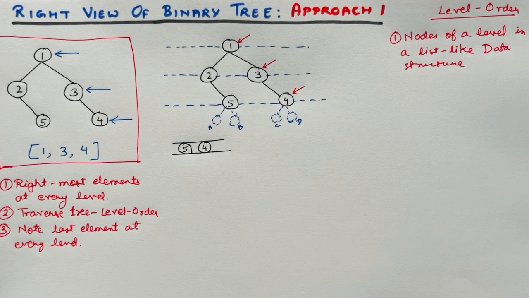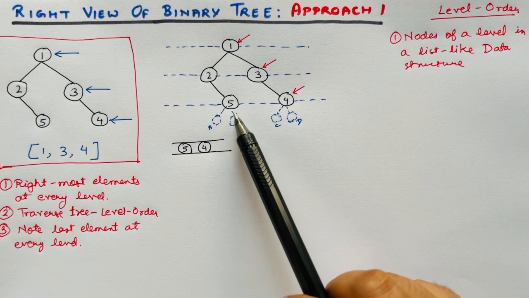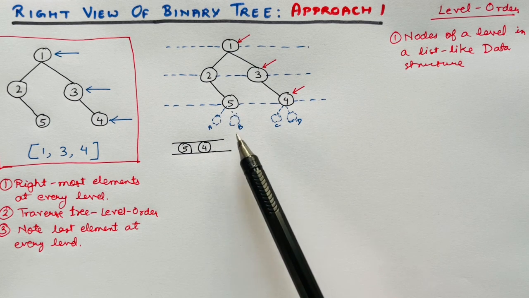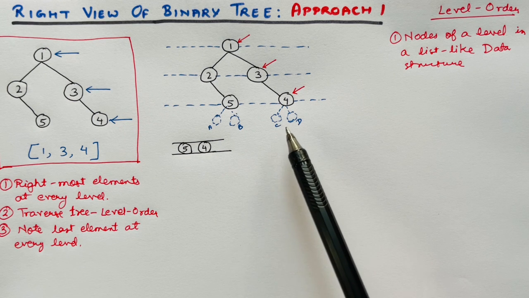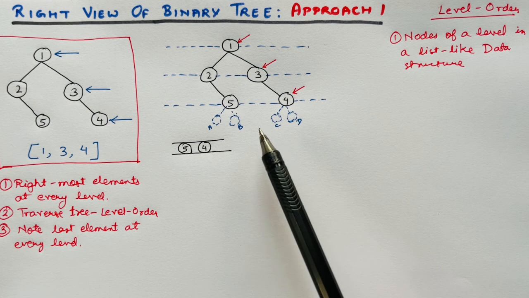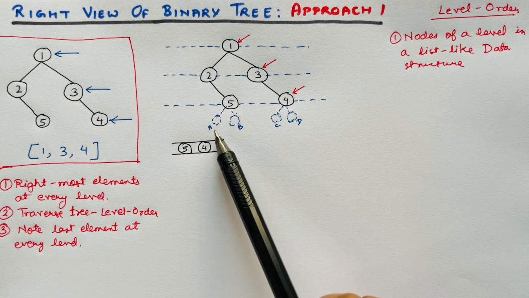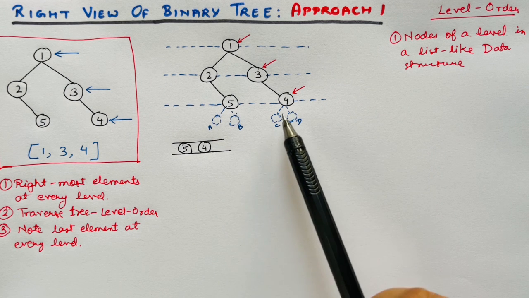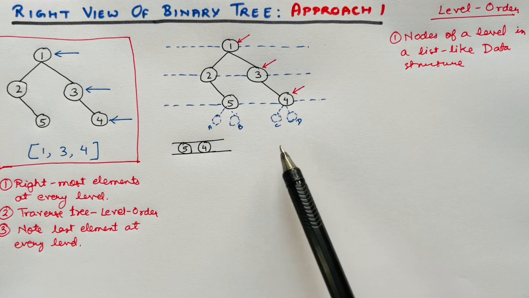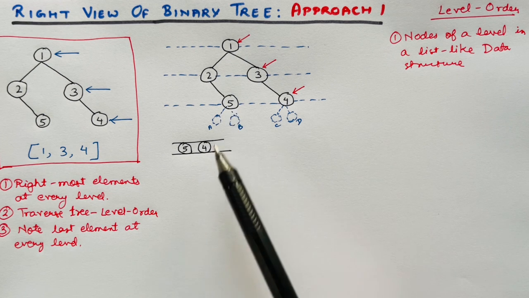Now let us see what will happen at the next level. At the next level, this 5 may have its children, the 4 may also have its children. So what should happen ideally in our answer? After 5 and 4, we should have children of 5, A, B, and after A, B, we should have children of 4, C, D. But we can access A and B only when we are at 5.